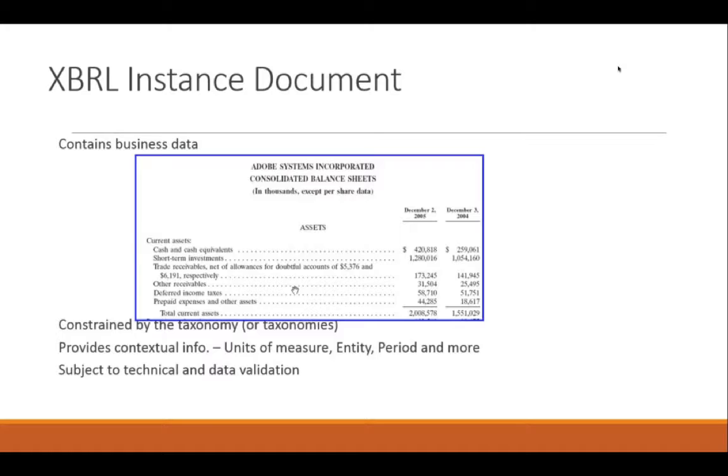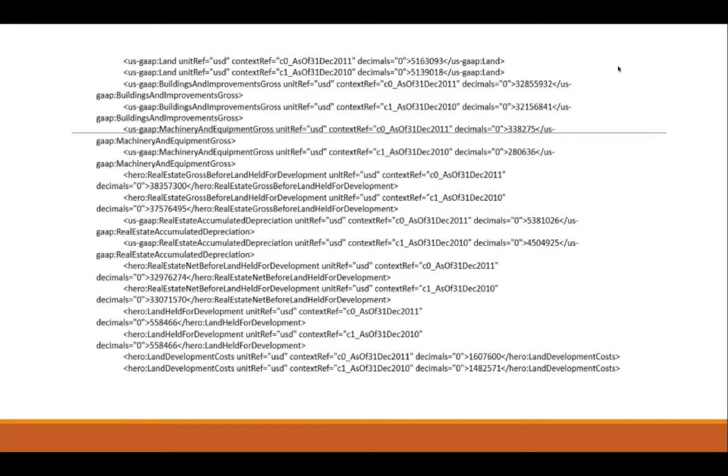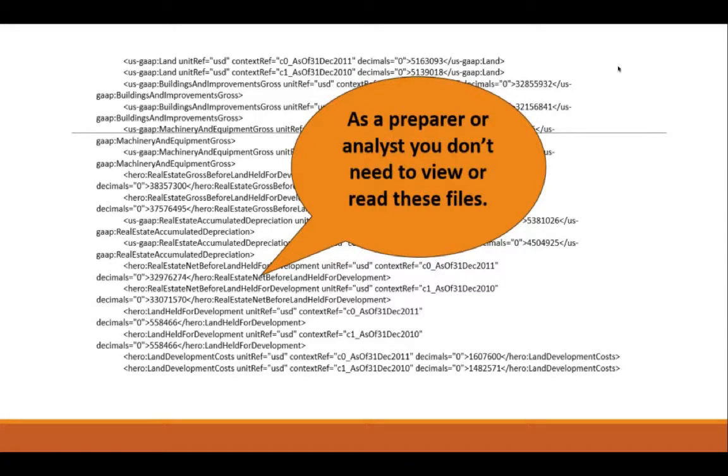So in XBRL, we are not only going to show those accounting concepts, but we will also show the corresponding values for each accounting concept so that we could use it to generate the business report. Also, in addition to the value, we are going to show the period and the purpose of this business report. Okay, this is just the source code of that XBRL report. Again, we don't need to work with this source code. We can just use software to create it.